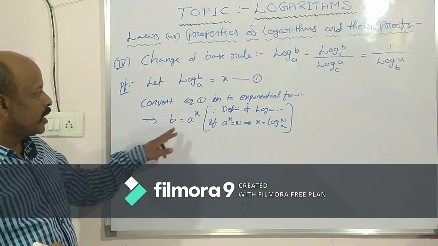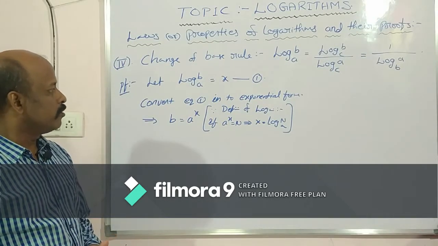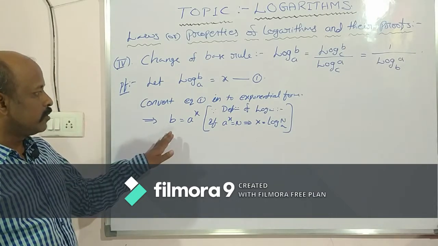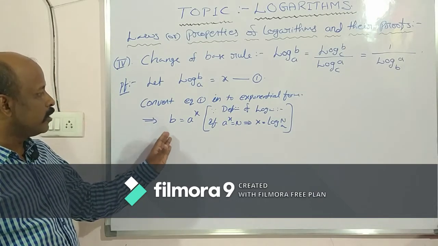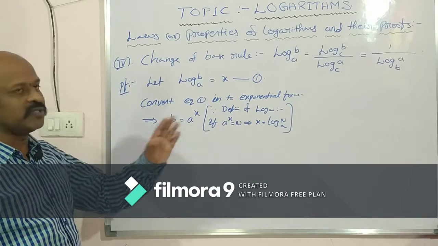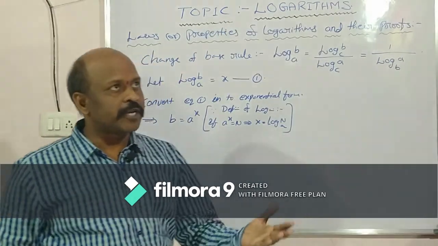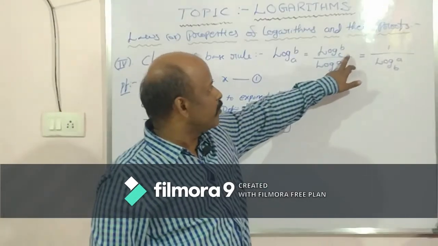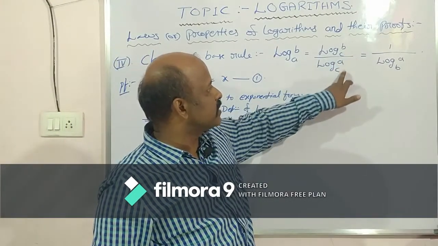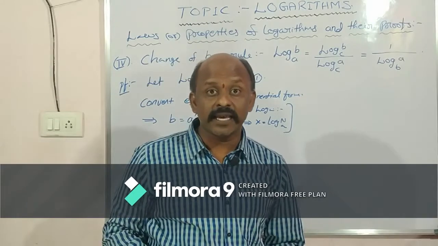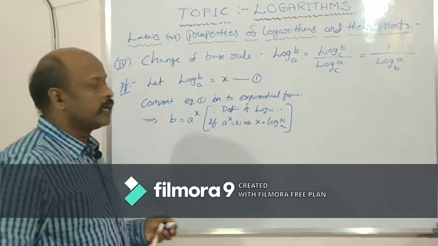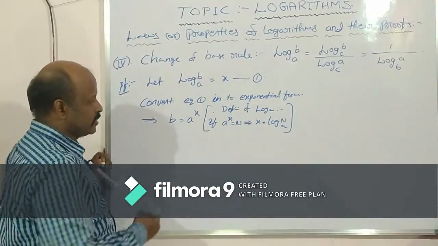Now I am going to take log c on both sides. So why should I take c? Here we have to prove the base as c, to the base c. That's why I am going to take c as the base.